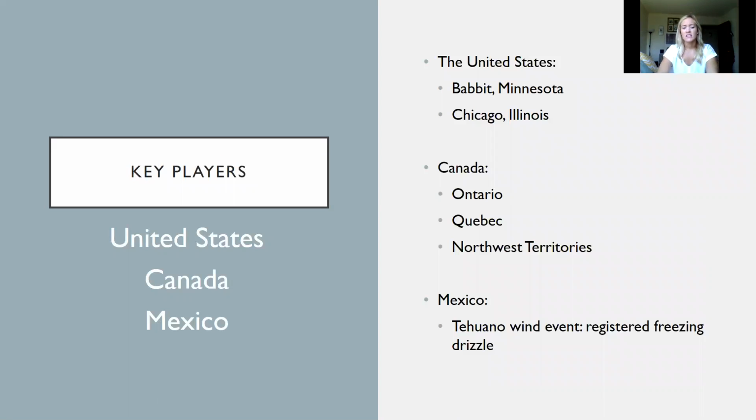So the key players in this event really consisted of the United States and Canada, but extreme weather events were also seen in Mexico. The two places that reached the coldest temperatures in the United States really were Babbitt, Minnesota, and Chicago, Illinois. A lot of articles cited the fact that Chicago O'Hare Airport, which is one of the largest airports in the United States, had to cancel numerous flights, and they also had problems de-icing planes.